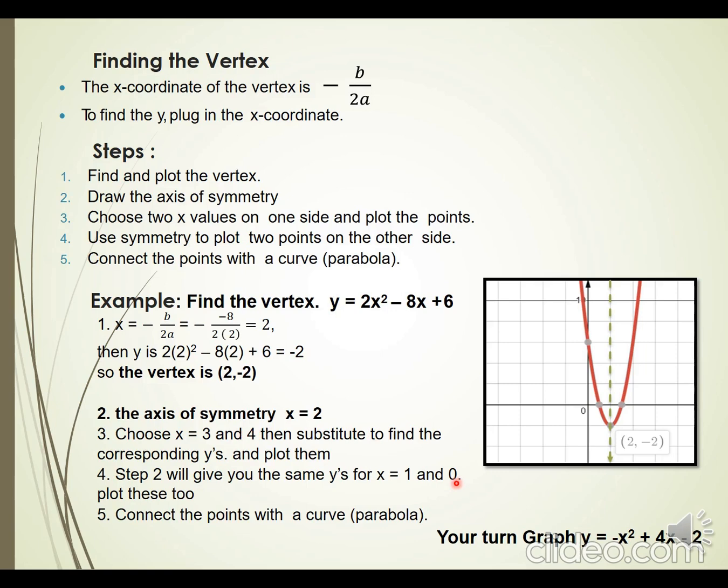Go ahead, pause the video if you want to think about this again. I will ask you a question to test your understanding. If I got the point 5, what's the corresponding point? It's going to be negative 1. Correct. Excellent. The last step is to connect the points to make a curve, a parabola.